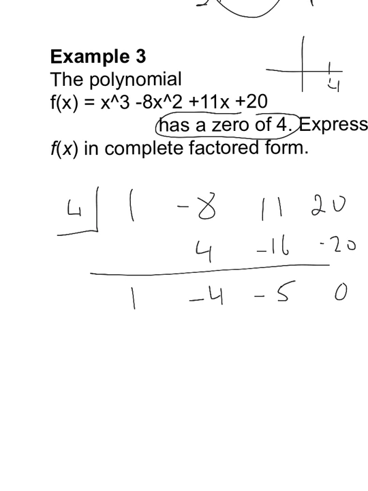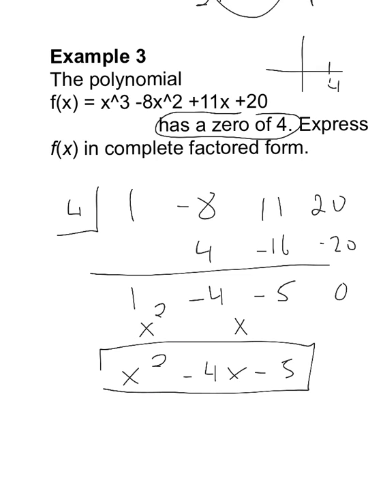So this means that I now have 1x squared minus 4x minus 5. So my new quadratic is x squared minus 4x minus 5. I have a question for you. Are we able to factor this quadratic? Yes, we can.